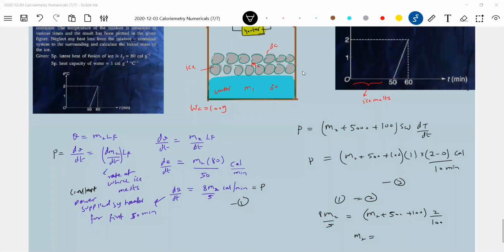Check your answer. Sir, 1700 grams. How much? 1700? Yes, check the answer. 728. 728 or 729?